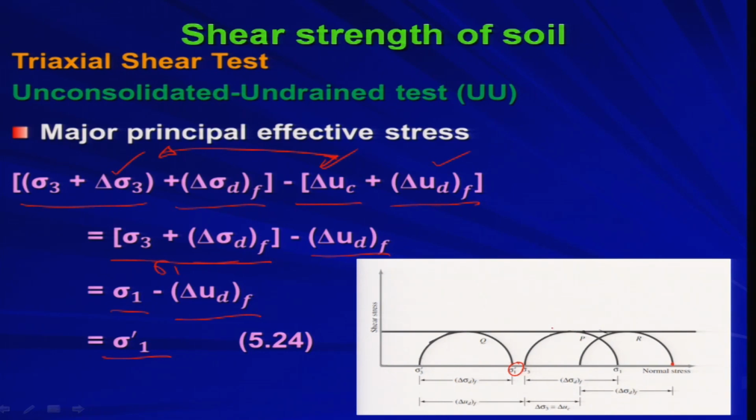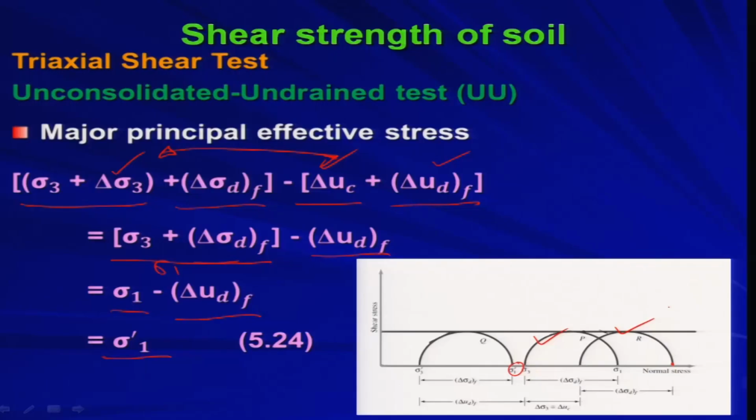So, by increasing the cell pressure, you are getting two different total stress Mohr circles, P and R, but in both cases your effective stress Mohr circle is the same, that is Q. That is what I meant to say at the starting, and that is why you are getting the same.